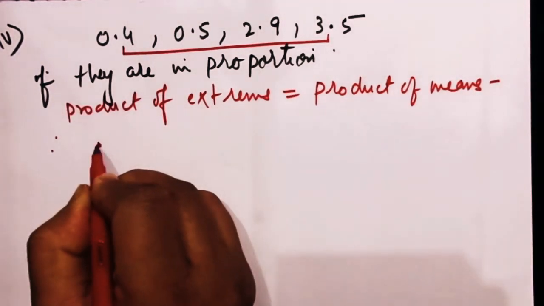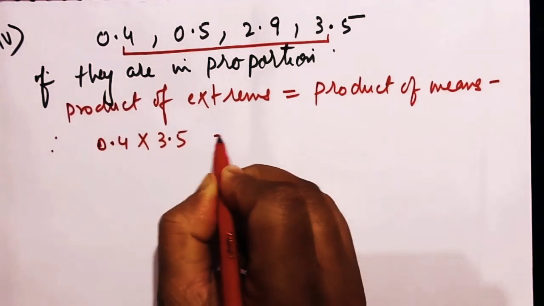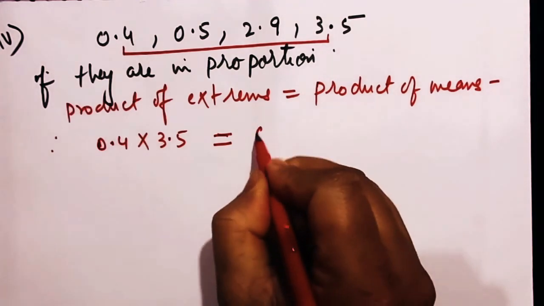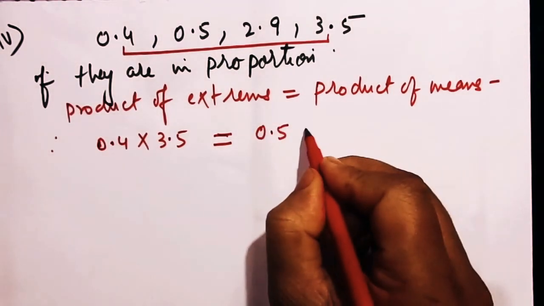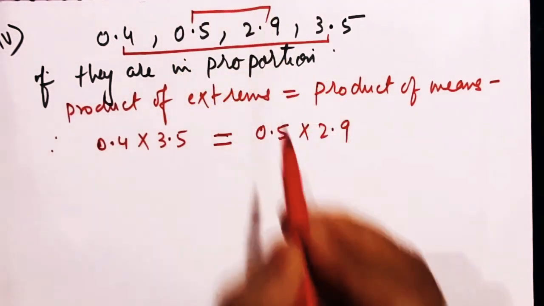Therefore, 0.4 times 3.5 should be equal to, I am not saying equal to, I am saying should be equal to 0.5 into 2.9, which are the means.